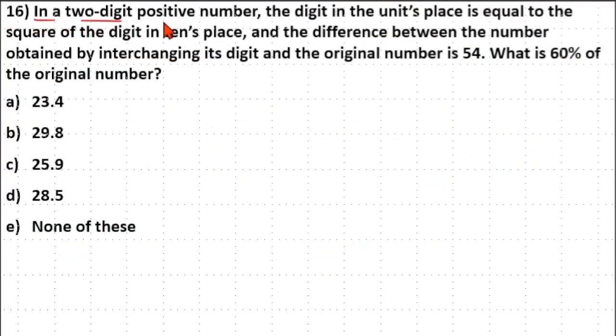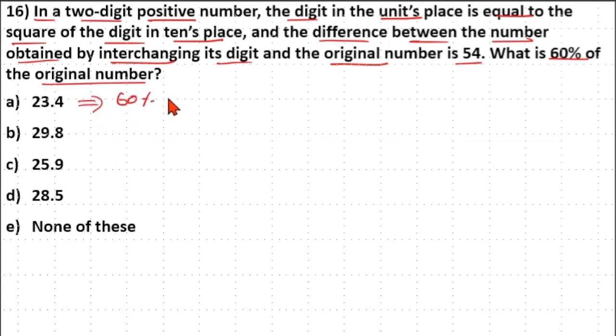In a 2-digit positive number, the digit in the unit place is equal to the square of the digit in the tens place. And the difference between the number obtained by interchanging its digits and the original number is 54. What is 60% of the original number? If you look at the options, if 60% is 23.4, 10% is 23.4 divided by 6, which is equal to 3.9.